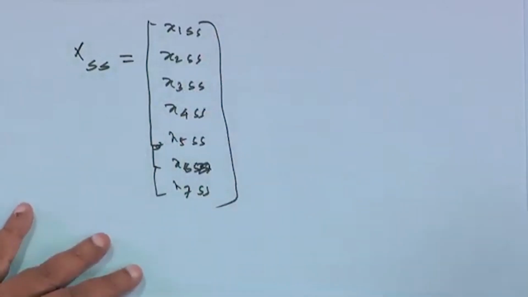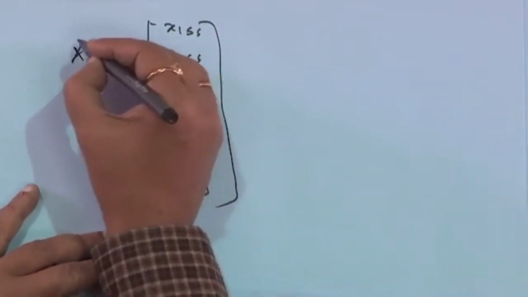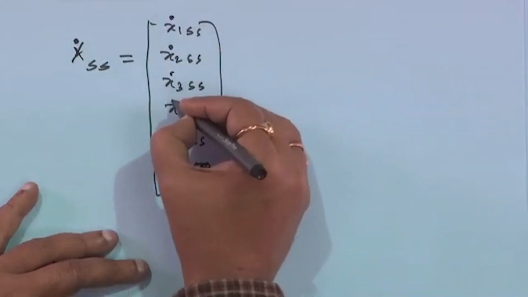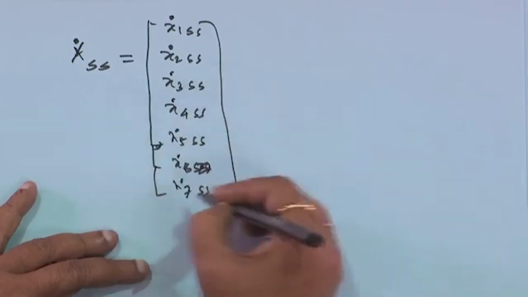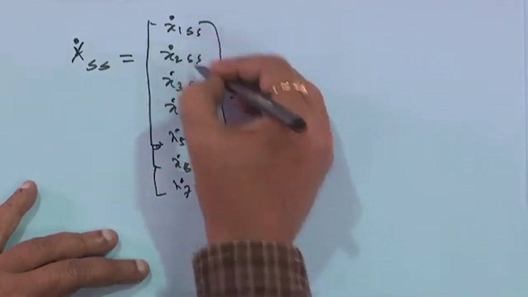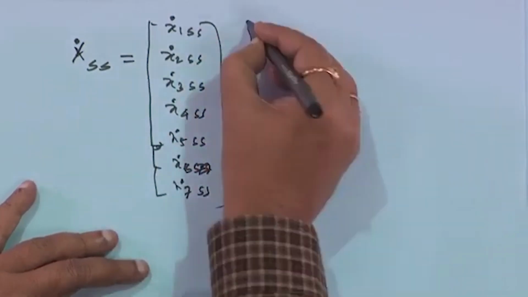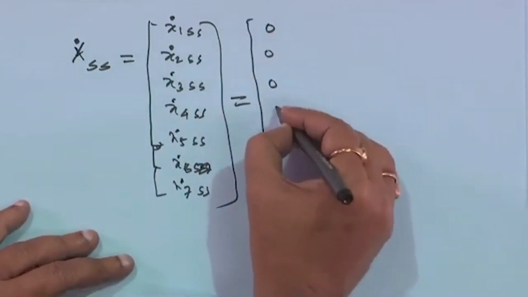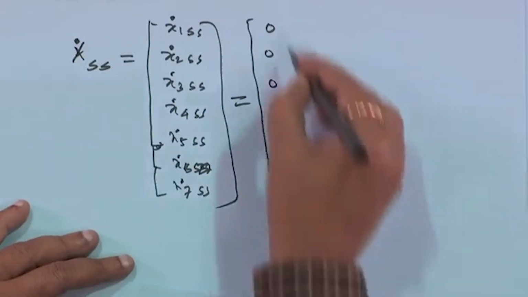When all these state variables reach a steady state, the derivative is 0. If you make x ss dot, then x1 ss dot and so on, all the steady state derivatives, at steady state when all the state variables reach steady state, it will be 0 0 0 0 0 0 0, all 7 zeros.